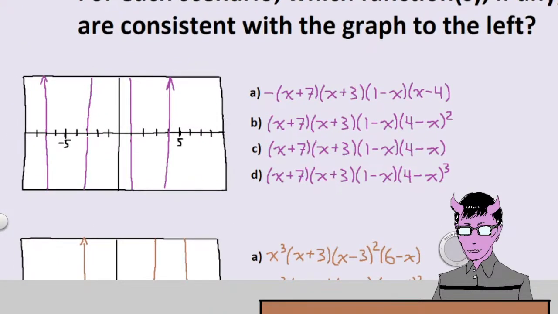Here we are. So let's first evaluate A. So what's going on? Well, there are multiple ways you can begin to do these problems, but let's just go with checking the factors first. So this is factor number 1, which means the 0 is at -7, which means we have an x-intercept at (-7, 0).